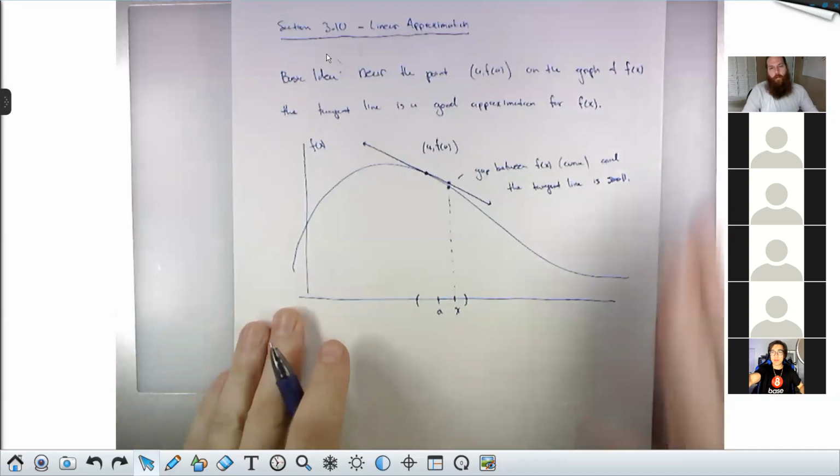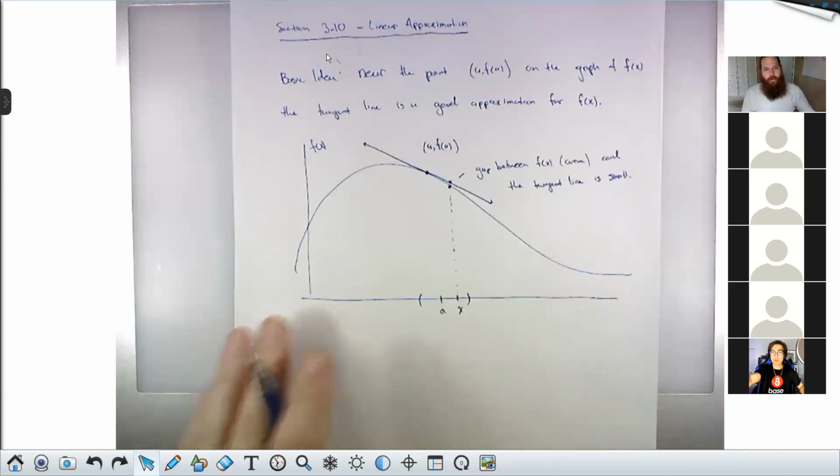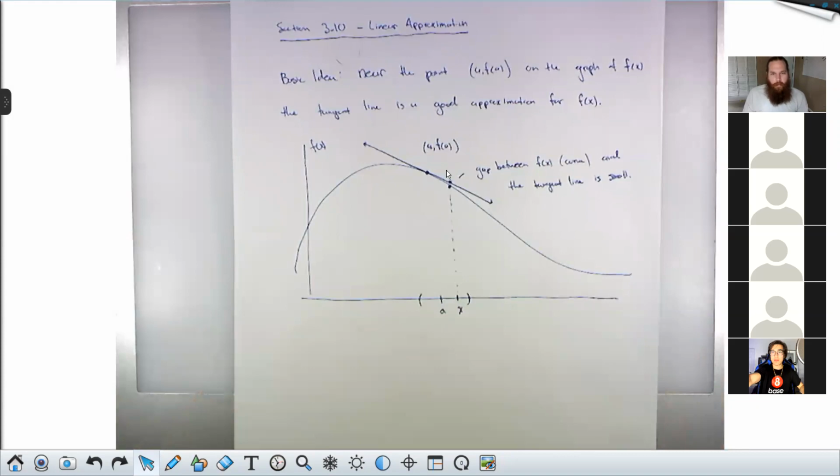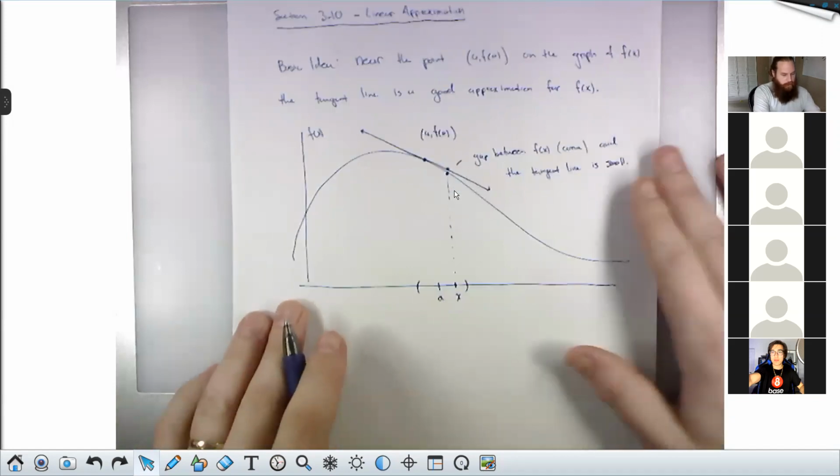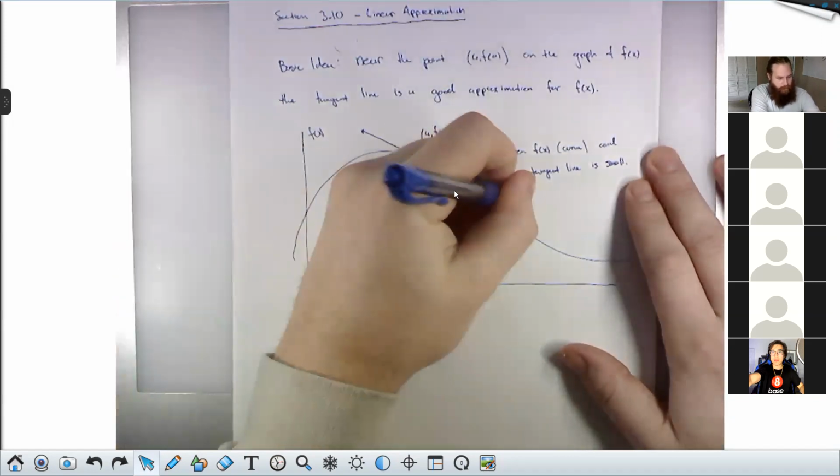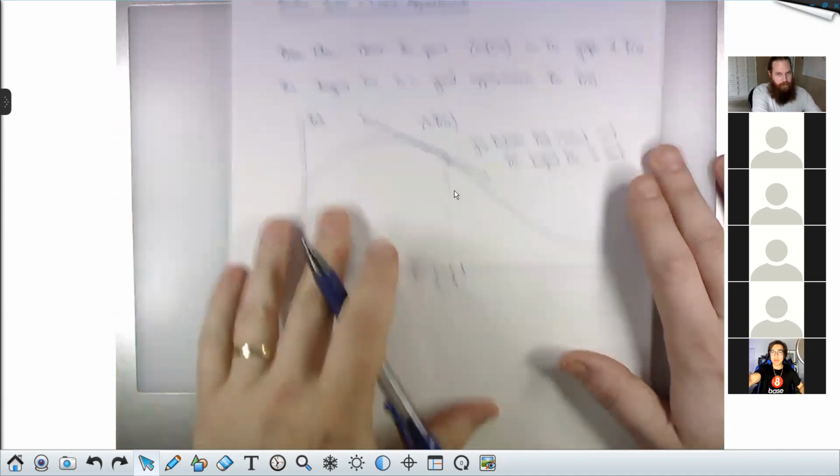So if I wanted to know the y value on the curve, I could approximate it using the y value on the tangent line.